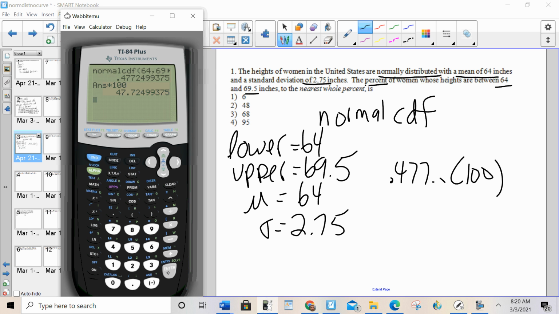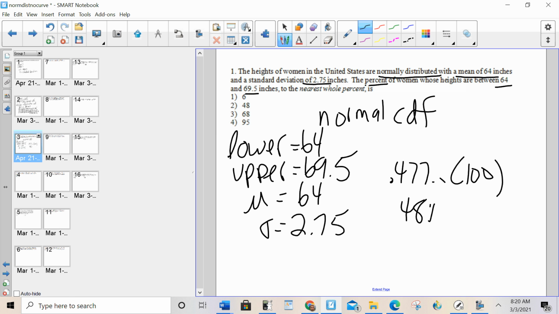And to the nearest percent, that would be 48%. If it just asks for a probability, then you could just leave it as that 0.477 decimal, and you would see something like that in your multiple choice answer. And if it asks for the number of data points, you would multiply that decimal by the total number of data points.